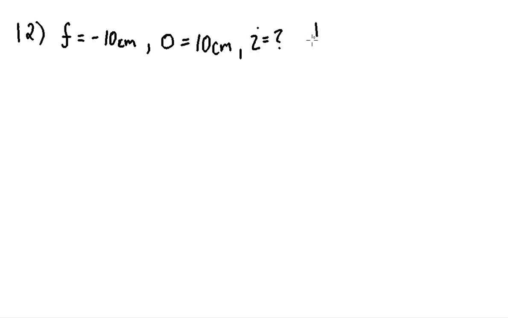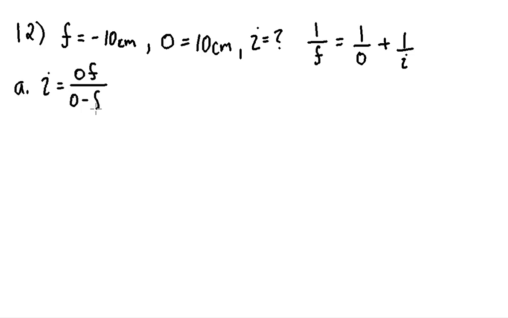And we always start with this equation. You know, if that first time I showed you how to manipulate this was difficult for you, do it every time you use it. The more times you practice this, the more likely you will know how to do it on the day of the quiz. So the image is going to be equal to the product of the object distance times the focal length divided by the difference between those two distances.